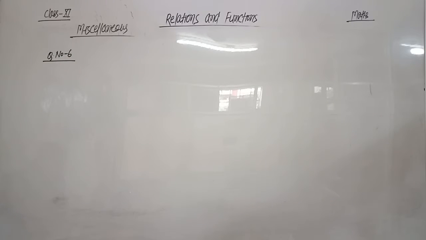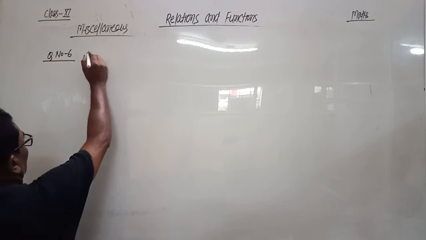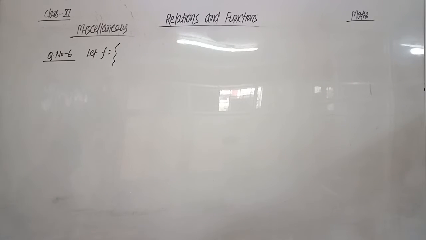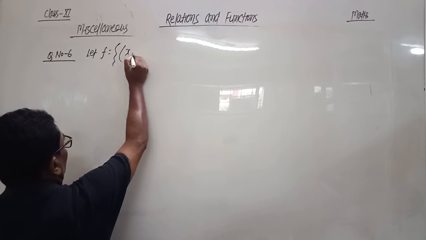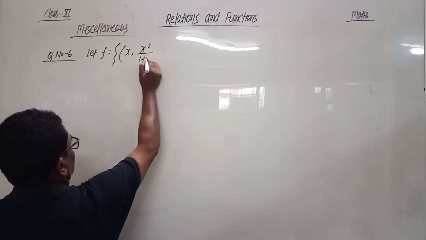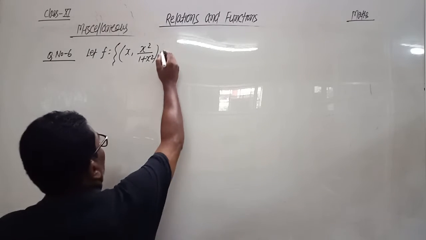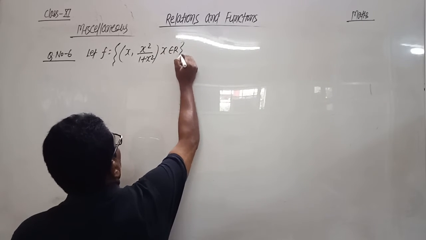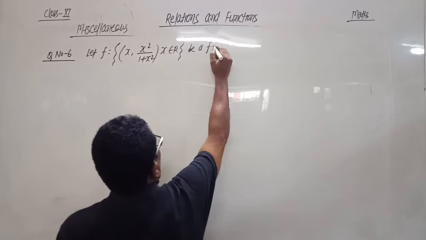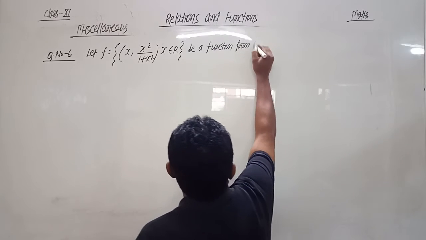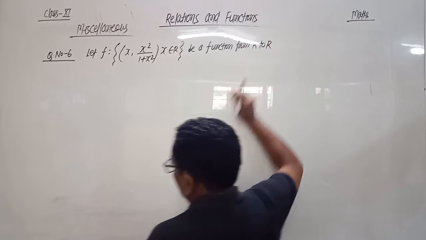Question number 6: let the function f = {(x, x squared upon 1 plus x squared) : x belongs to R} be a function from R to R, from real number to real number.